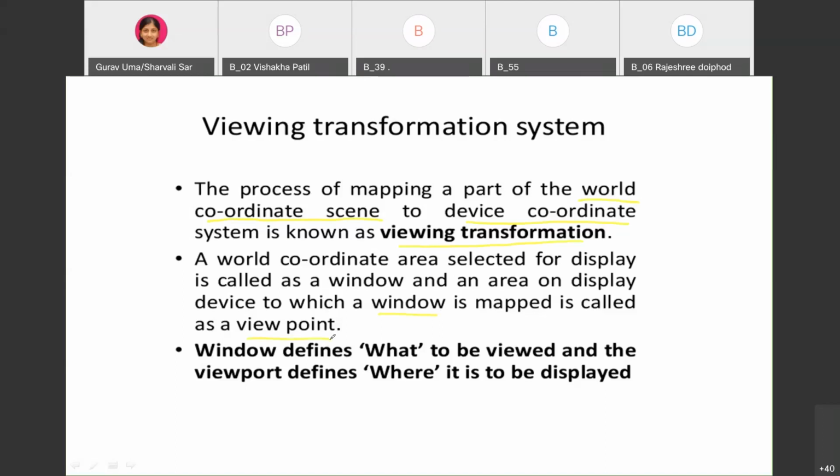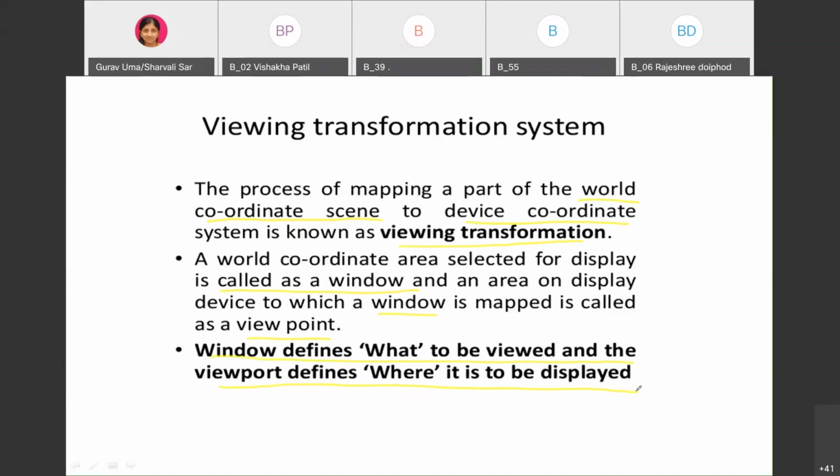Just remember, window defines what is to be viewed and the viewport defines where it is to be displayed. As I said, if there is a car and a house in front of my window, then what we have to view is defined by a window, and where it is to be displayed, that could be a screen or a display device, we consider it as a viewport.